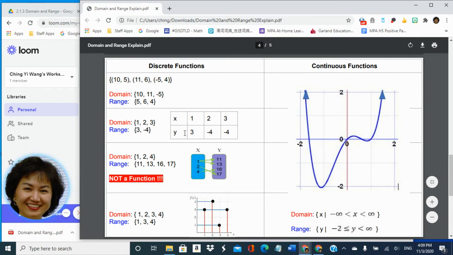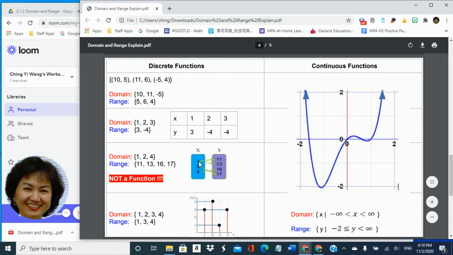If your data is in a table, same thing. You just write all the x's for domain, write all the y values for range. And remember, if you have a repeated y value, you only have to write it once. This one, same thing.